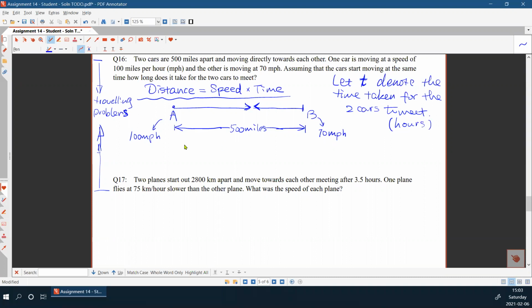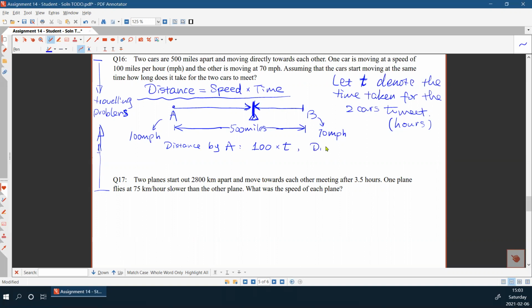Then what we have already known here. We know distance is speed times time, right? So by the time they meet here, what's the distance traveled by A? The distance traveled by A is A's speed, which is 100 mph times t, right?